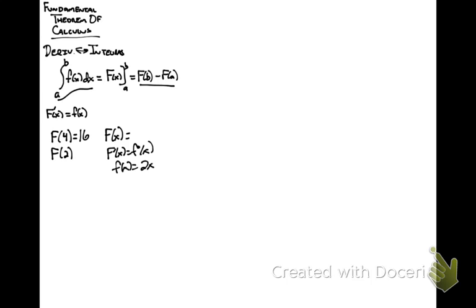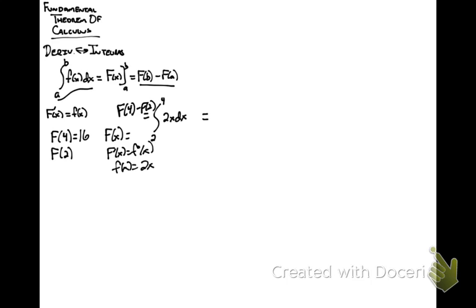Right. And so the relationship really is that the integral from 2 to 4 of 2x dx has to be equal to F of 4 minus F of 2.